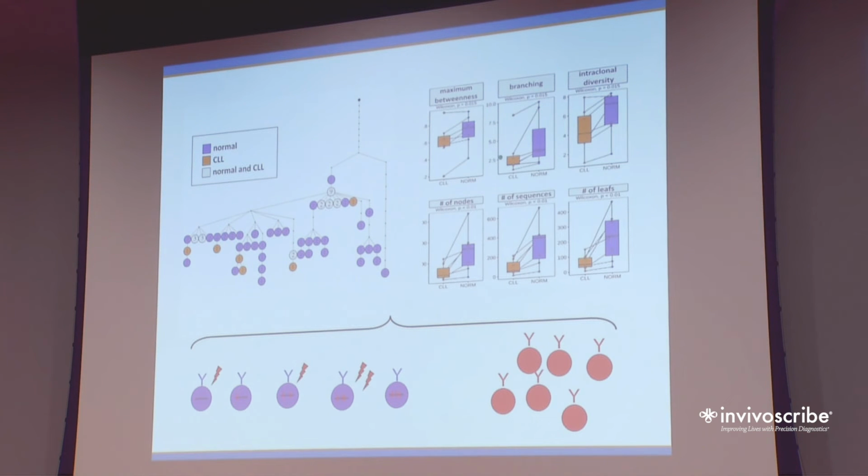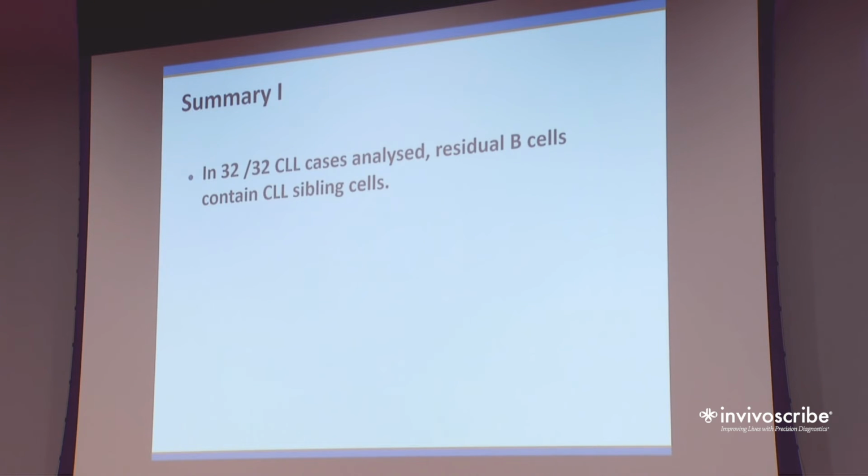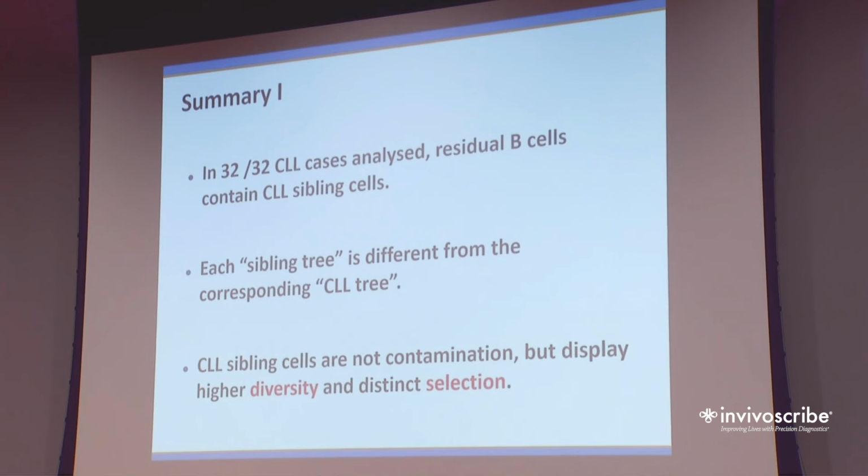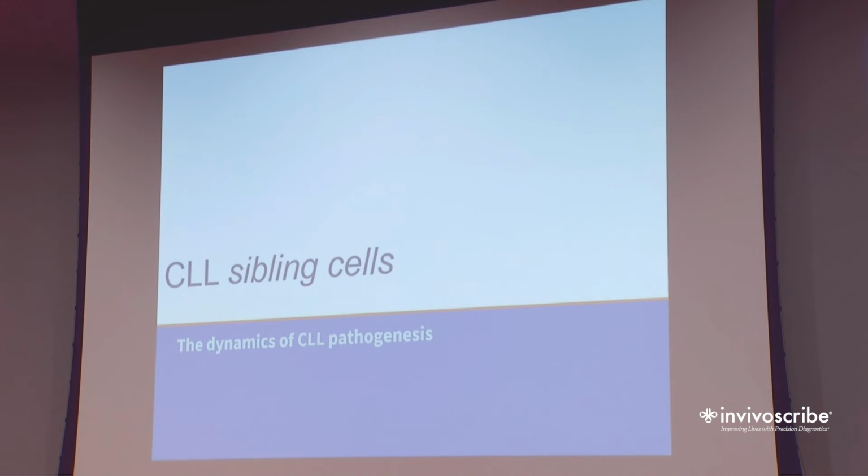You see that they are all highly significantly different between the sibling cells and the CLL clonal rearrangements. So my first summary: in 32 CLL cases analyzed, we find residual B cells containing CLL sibling cells. And each sibling tree is different from the corresponding CLL tree, meaning that the sibling cells are not just sort contaminations, but display a higher diversity and also different selection features.